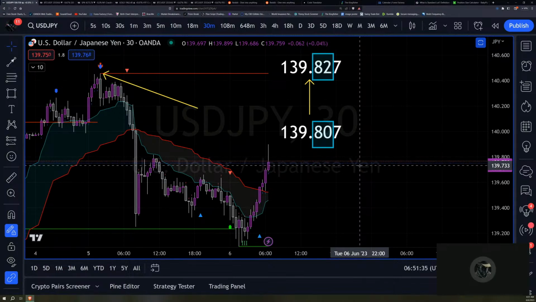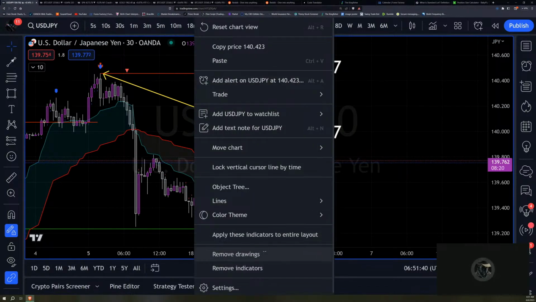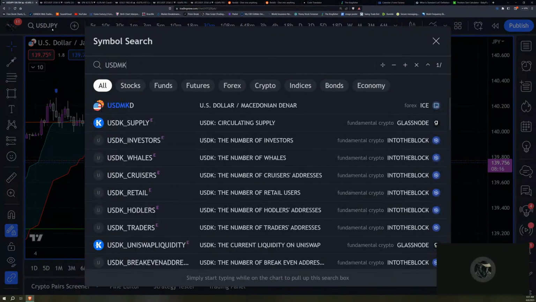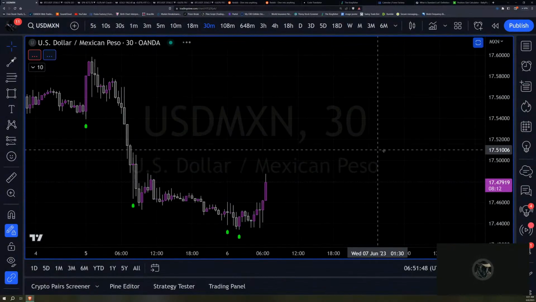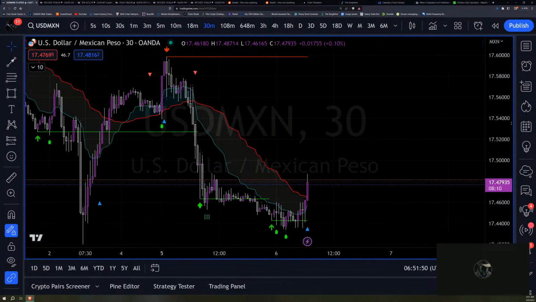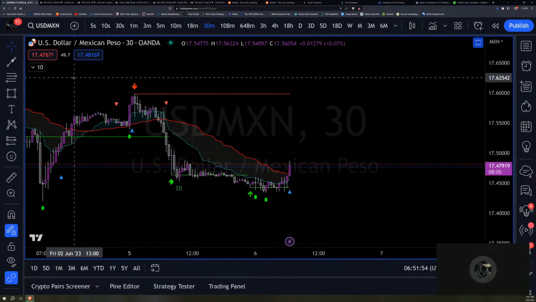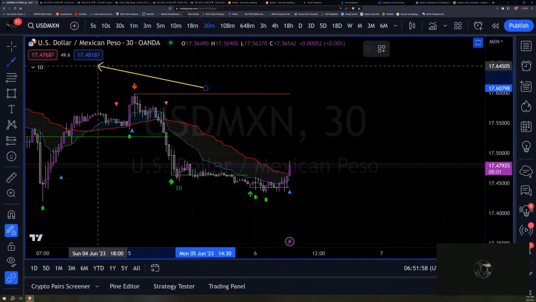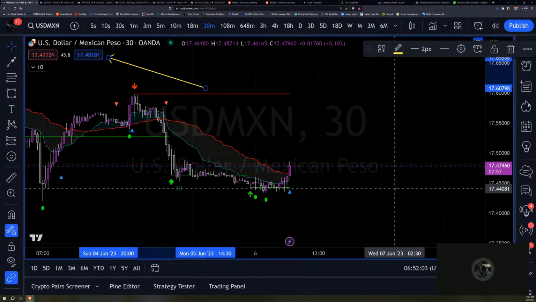But in the end, if you ever need to know, let's remove the drawings and go to USD MXN. I think a peso has been like a tenth of a dollar, more or less, for a long time, at least on that order of magnitude. So in this case, your pip is going to be out at that fourth decimal point, even though the peso is like a tenth of a dollar.